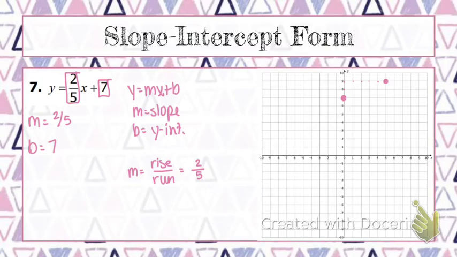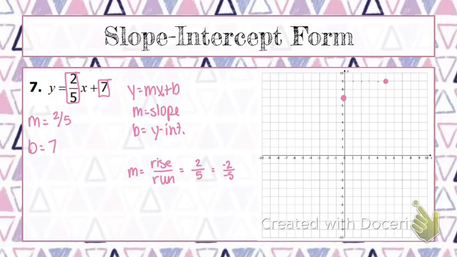And then in order to go the other direction, we're going to think of this as -2 over -5, because if we do that, we can all agree that this would simplify to a positive 2/5. But in order to go the other direction on our line and get more points, we need to go the opposite direction.